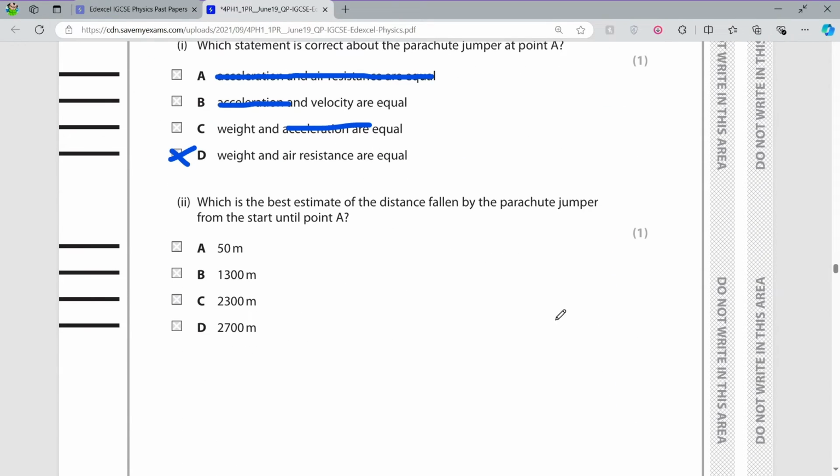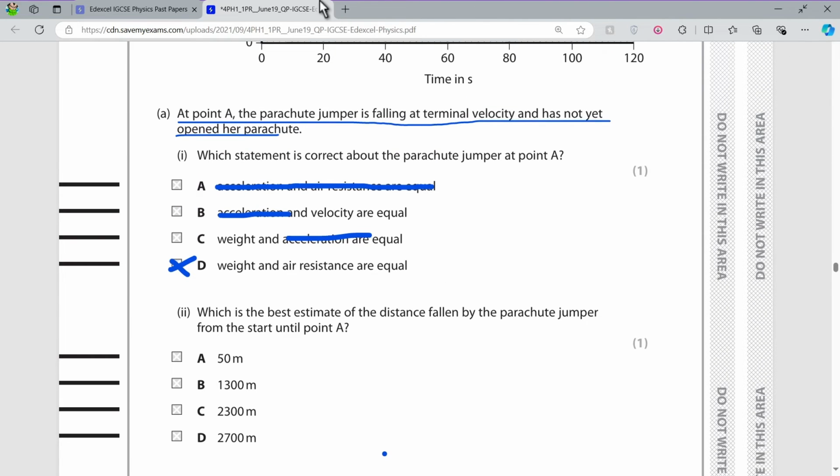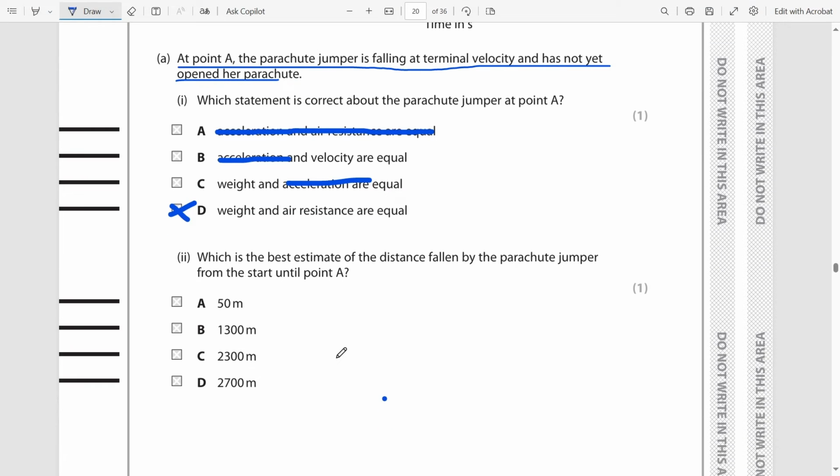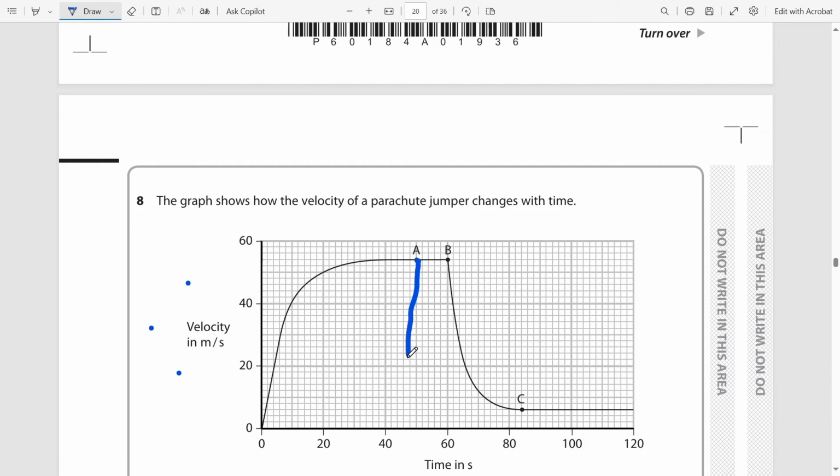We don't know. Okay. Which is the following best estimate of the distance fallen by the parachute jumper from start until point A? Okay, guys, so really all we're gonna do is be lazy.